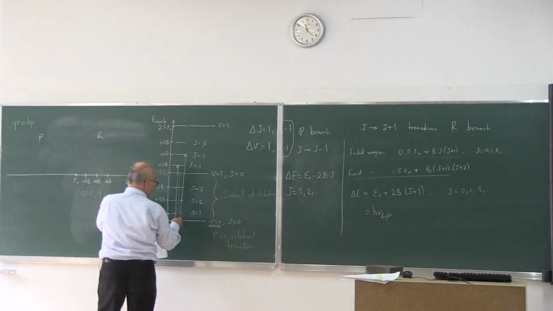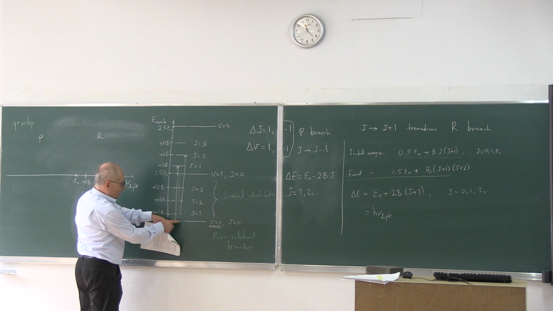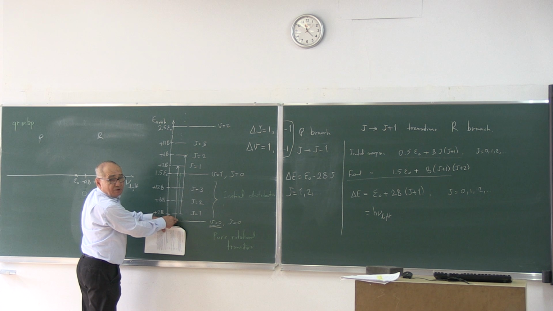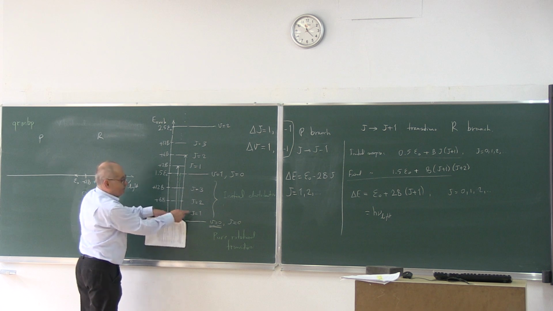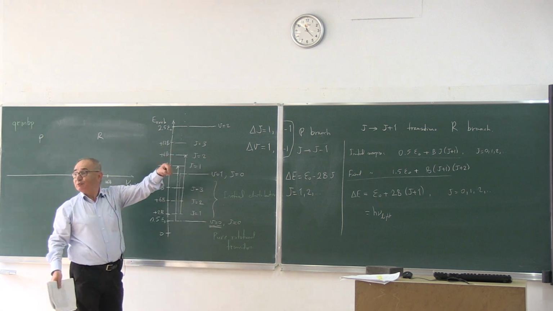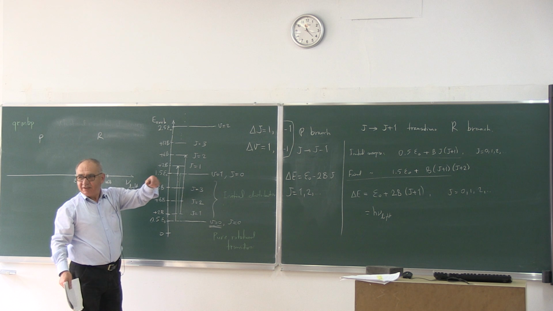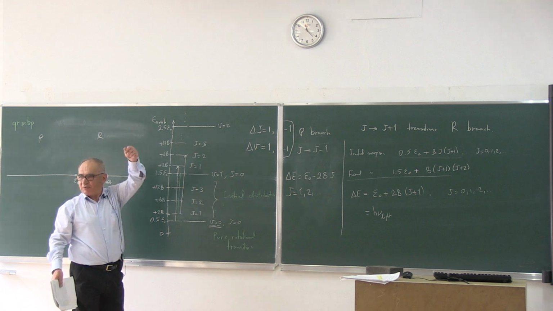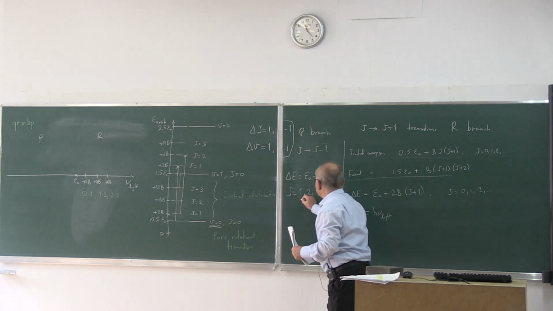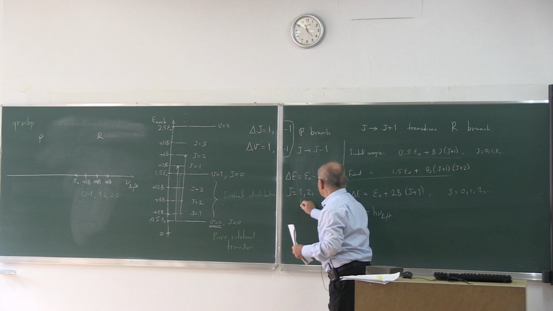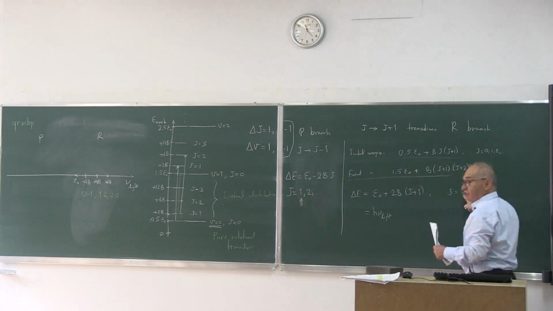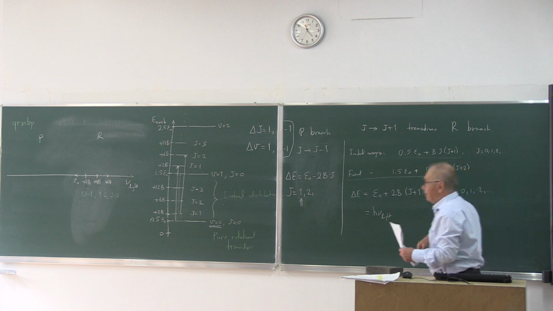In other words, there is no J to J minus 1 transition from J equals 0 level. The first transition is from J equals 1 level. Because in the upper state, there is no J equals minus 1. J always starts with 0, 0, 1, 2, 3, etc. So therefore, note that the starting value for J equals 1. Whereas in this expression, J starts with 0.